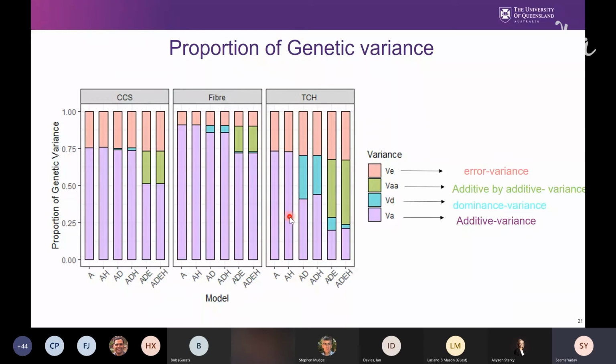But in our study, we found that the additive and dominance are not orthogonal, because the additive variance goes continuously and significantly down in the TCH. One of the reasons might be that, due to a low effective population size, there is a high level of LD in the TCH.